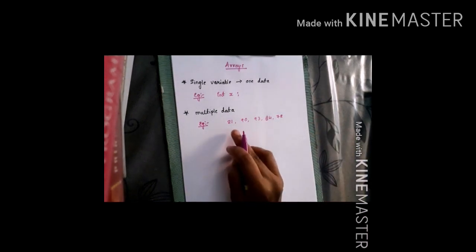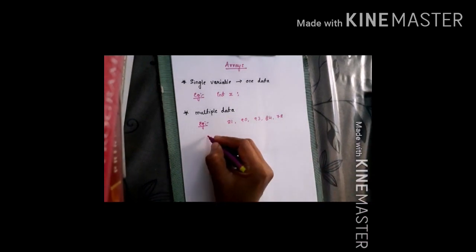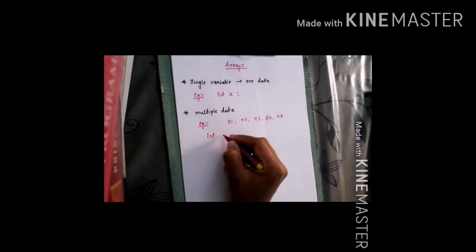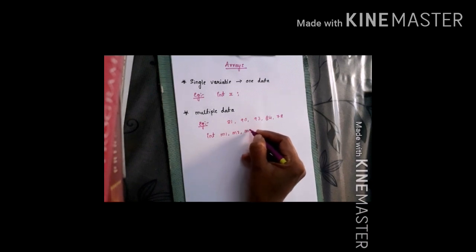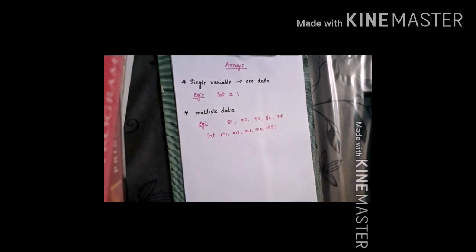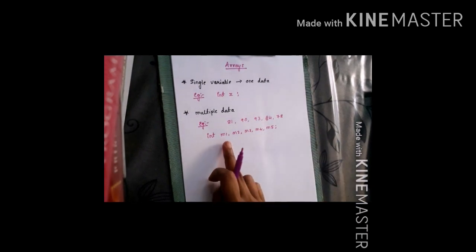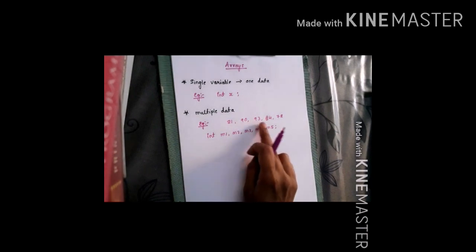See, if you want to store these 5 test data, we actually declare the variable like this. For example, M1, M2, M3, M4 and M5. Here I have used 5 variables to store 5 test marks.